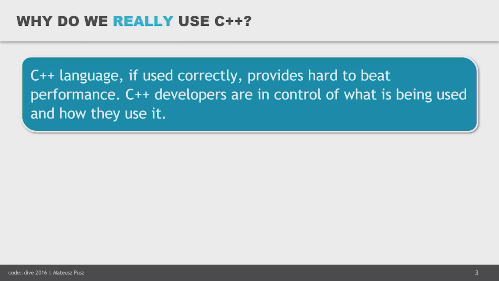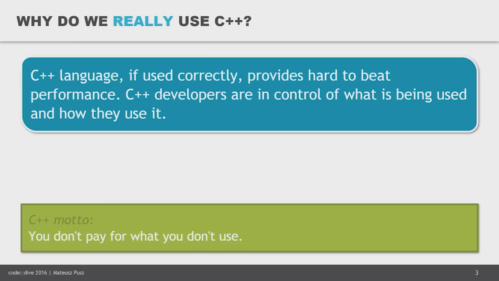That's why the C++ motto is you don't pay for what you don't use. So you have to opt in for some things if you want to use them, otherwise they don't bother you, especially from the performance point of view.